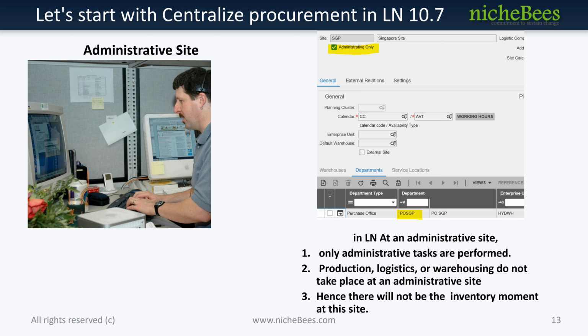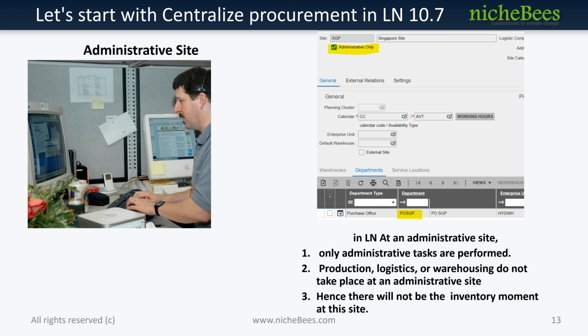Now, based on the previous slide example, we can map the same into LN by defining the site as an external site, as we can see in this example. In an external site, we can define the warehouse where we keep the inventory owned by our company. Our company only will manage and perform the planning. We can see the inventory level and consumption detail at site and warehouse level.